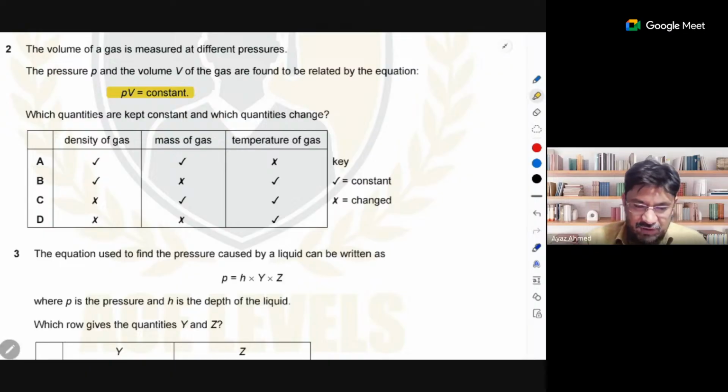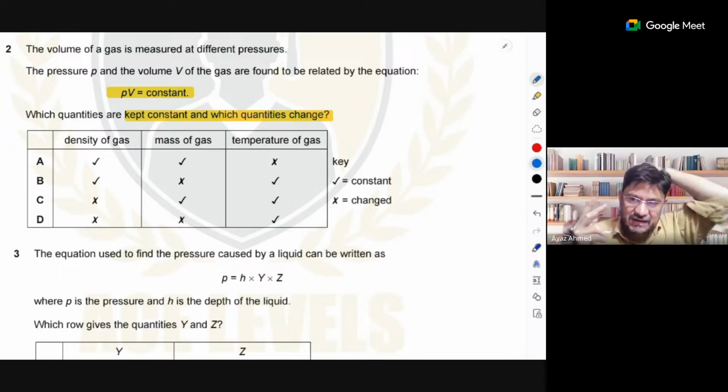So during all this, which quantities are kept constant and which quantities are changed? Which quantities are changed? Density of the gas, mass of the gas, and temperature of the gas. You are not sure about the density, but you are sure about two things: that mass will not change and temperature of the gas does not change. So you have to tick two.